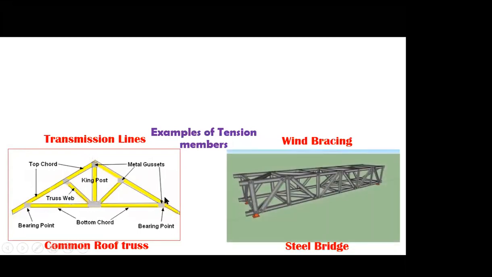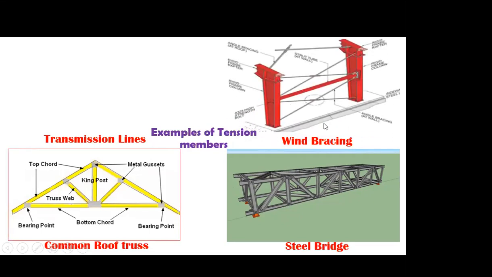Next one, the steel bridge. The steel bridge acts as a tension member. And then wind bracing. In a three-storey or four-storey building, in the ground storey, above the foundation, they keep the wind bracing.